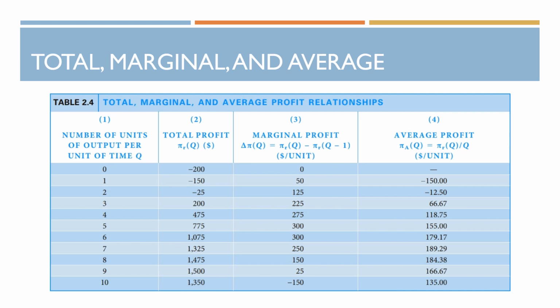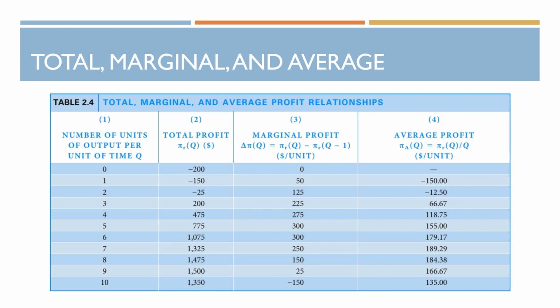But that's not the story that is good for your decision making, because to determine the maximum amount of output to produce to maximize profit, you probably care much more about the marginal profit in this case. Selling one more, how much additional profit can the firm earn? And that is basically the fundamental idea of why this table is so valuable.